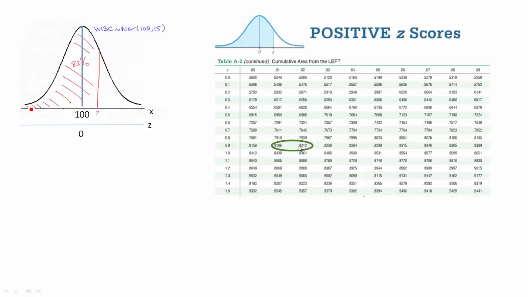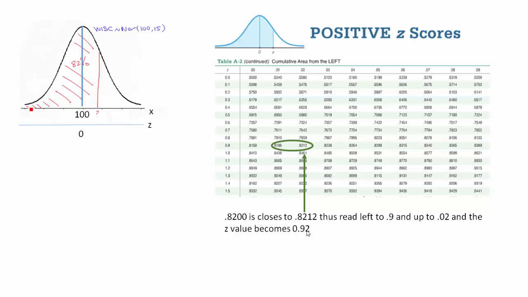Well, we always want to take the value that is closest. So it is closest to 0.8212. And therefore, we're going to read to the left, which is 0.9, and then we're going to read up, which is 0.02, and so our z-value becomes 0.92.